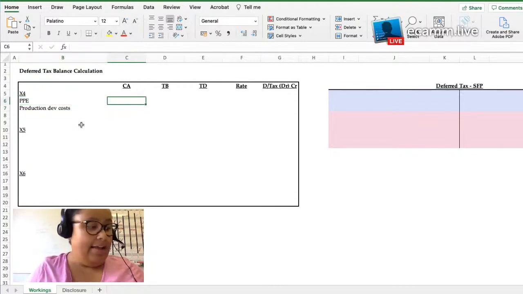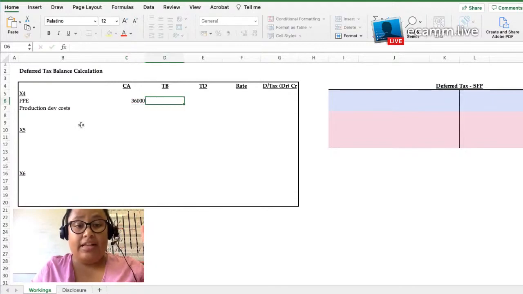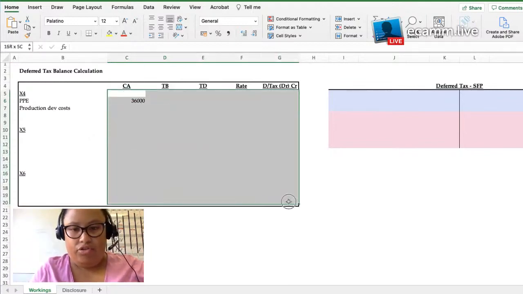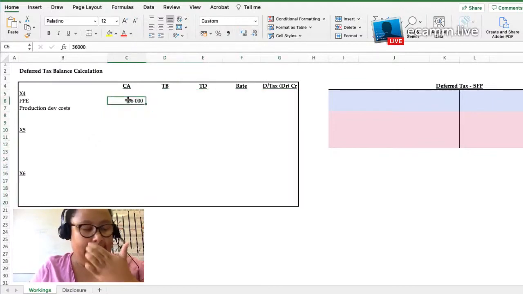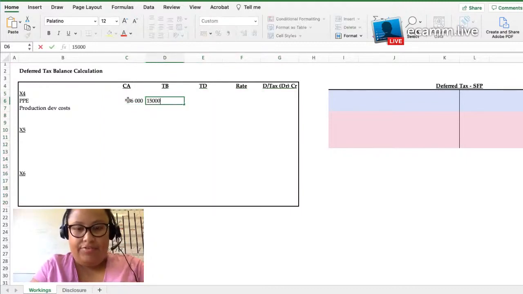Okay, so if I were to calculate then what are my temporary differences, the carrying amount is 36,000. So that's for the building and the vehicle. Yes, that's for those 2 together. So let me just format my, okay, it's 36,000, and then the tax base is 15,000.